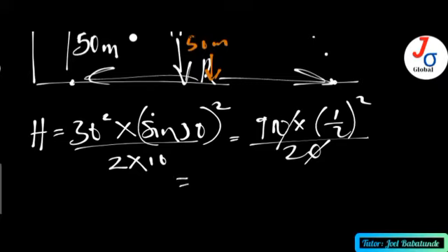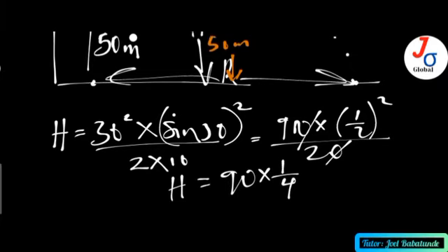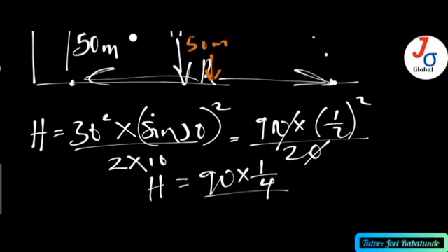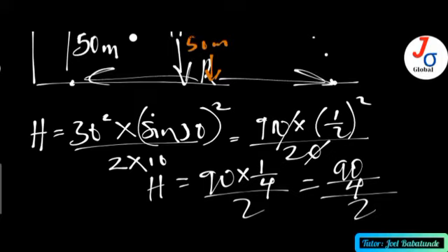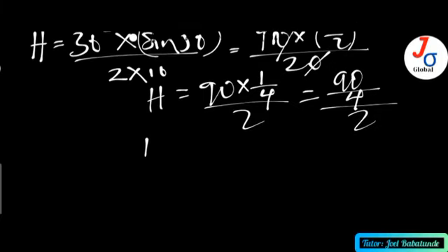And so I have my H equals 90 multiplied by 1 over 4, divided by 2. So I'm going to write this as 90 over 4 over 2, H equals 90 divided by 4 divided by 2.